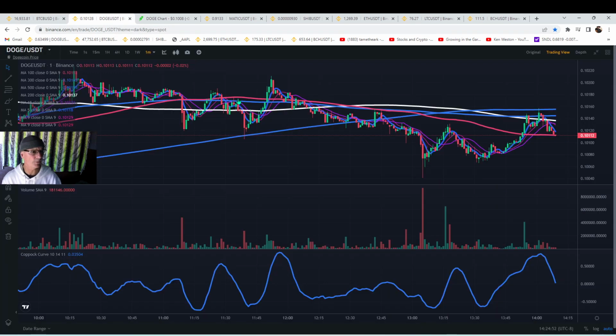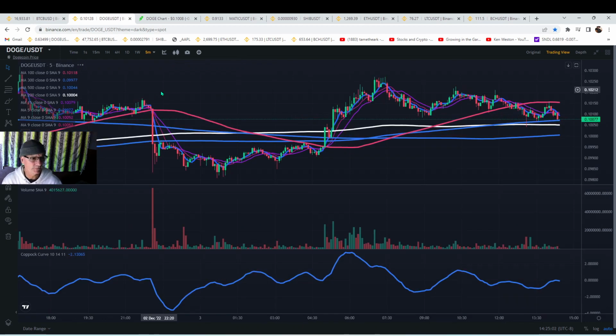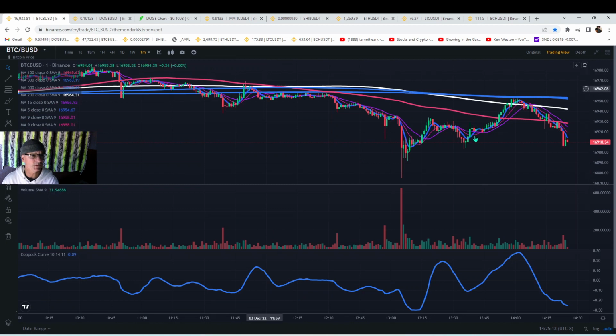And on Dogecoin, the 1, 3, and 5. Okay, so let's go back to Bitcoin. Go back to the 1 minute, and we'll see where we are pulling back.